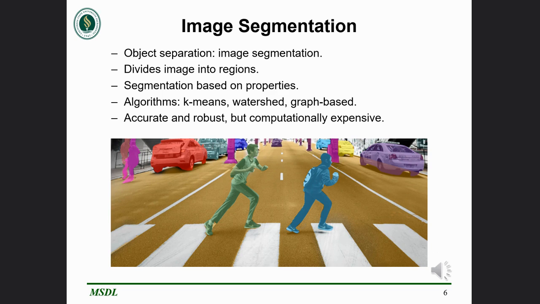This is the last main method I used, which is image segmentation, to complete my project, and we'll go over that right now. Image segmentation is the process of dividing an image into multiple regions based on their properties, such as color, texture, or intensity.